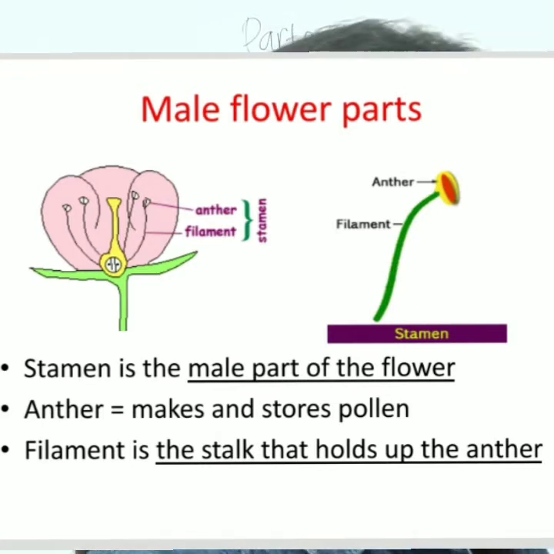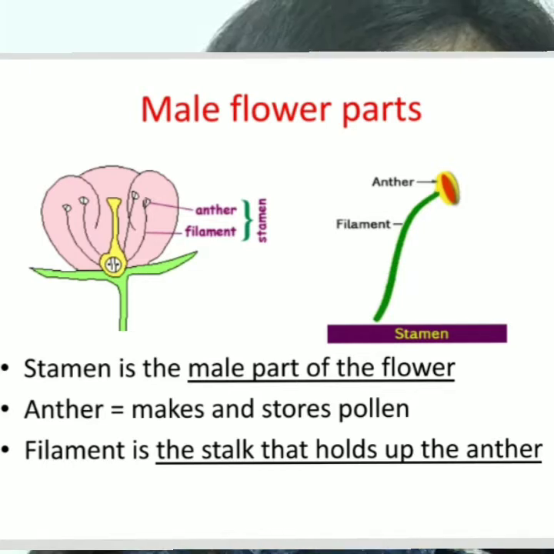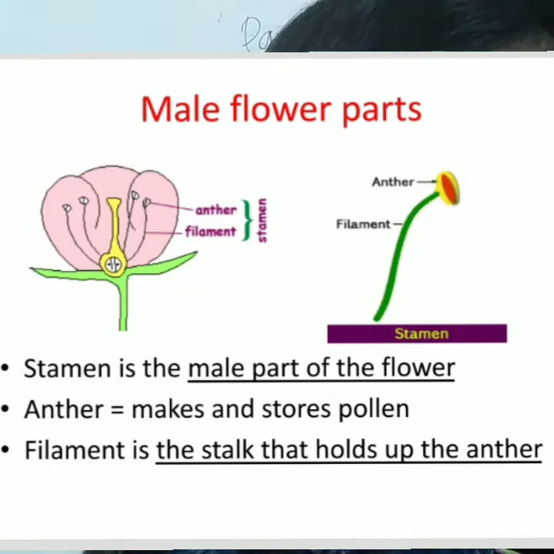The male part is also called the stamen. Stamen can be divided into two, anther and filament. The anther makes and stores pollen, while the filament is the stalk that holds up the anther. You can see the part.